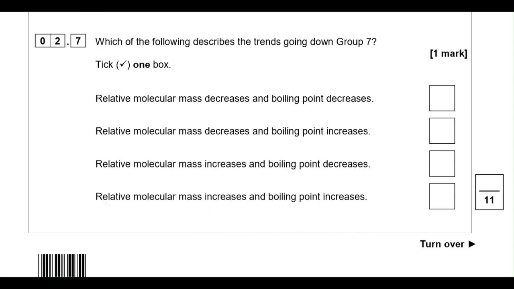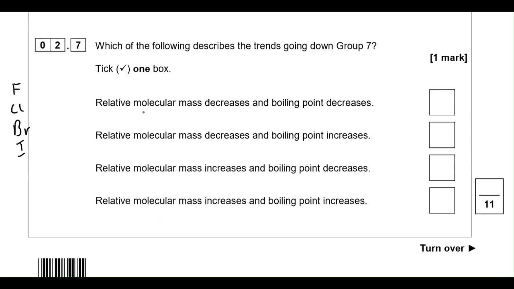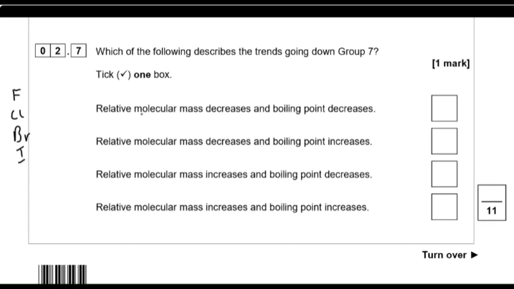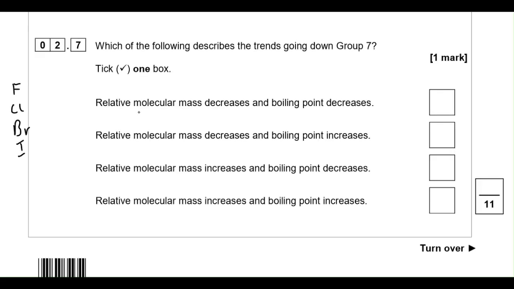So let's go back to the halogens again. There they are, fluorine, chlorine, bromine, iodine. What do we know? You should recall from your work on the periodic table the trends in melting point and boiling point and molecular mass. As we go down the group, the molecules are getting heavier and heavier, so the molecular mass increases.